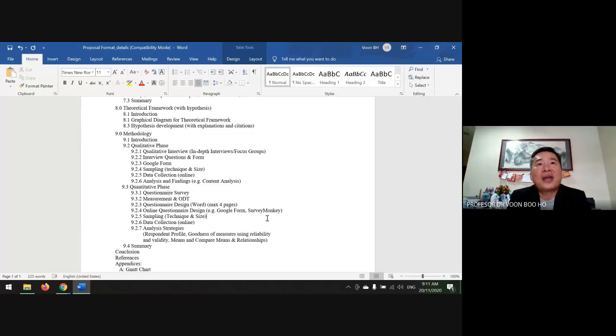And finally, when you have collected the data, how will you process and analyze the data? And you will have the process again. In your data analysis, I suggest you analyze the respondent characteristics in your respondent profile. Then analyze the goodness of the measures using reliability and validity.